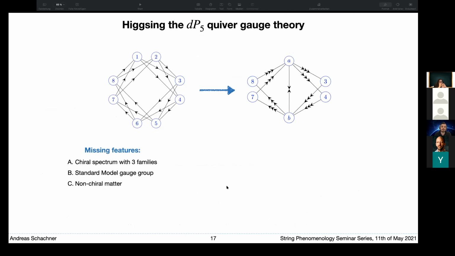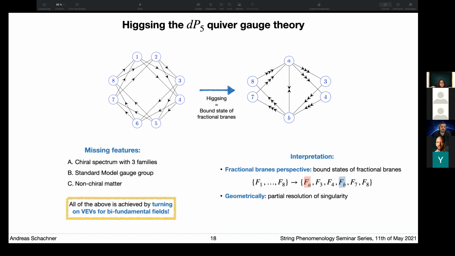Now, of course, our quiver so far doesn't look anything like the standard model. In particular, there are many missing features: we don't have 3 chiral families, and we have a far too big gauge group, and we are also missing some non-chiral matter. It turns out that all of these issues can be resolved by turning on VEVs for bifundamental matter fields.